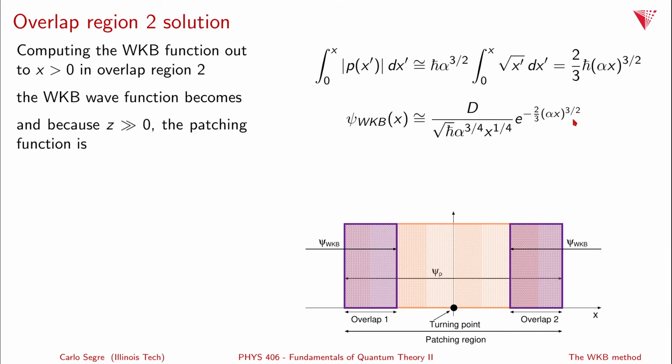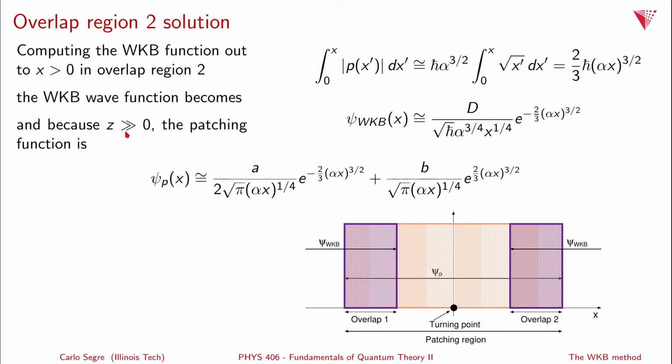Now, if you recall, because x is greater than 0, z is much greater than 0 in this case, the patching function becomes the following. Its psi p is approximately equal to two terms, one a decaying exponential, one a rising exponential. And we have two constants here, a and b. We have lowercase constants for the patching functions, and uppercase constants for the WKB constants.